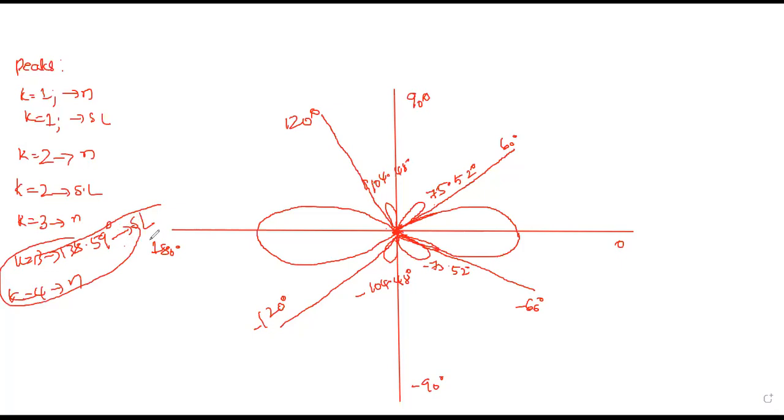Whenever you draw a side lobe, you should have a null direction. If I draw this 138 somewhere here, it will overlap with your major lobe and there will be no null direction coming. So the null direction should be somewhere after 138. Maybe if it was 150, you could have drawn here. Since it is coming in the major lobe direction 180, you are going to stop the pattern till here.